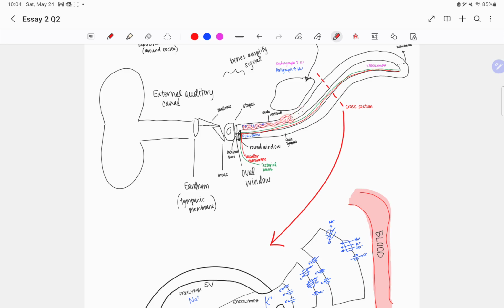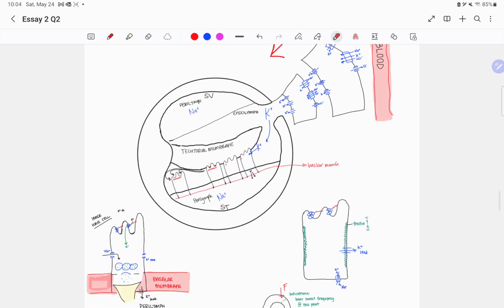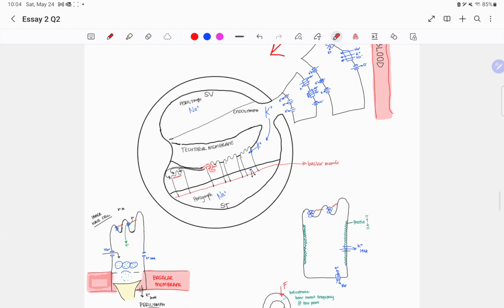These waves transfer through everything here, causing movement of the tectorial membrane, the basilar membrane, and these hairs. As these hairs get pushed and pulled, potassium comes in, causes prestin to help with the movement, even more amplifying the signal.